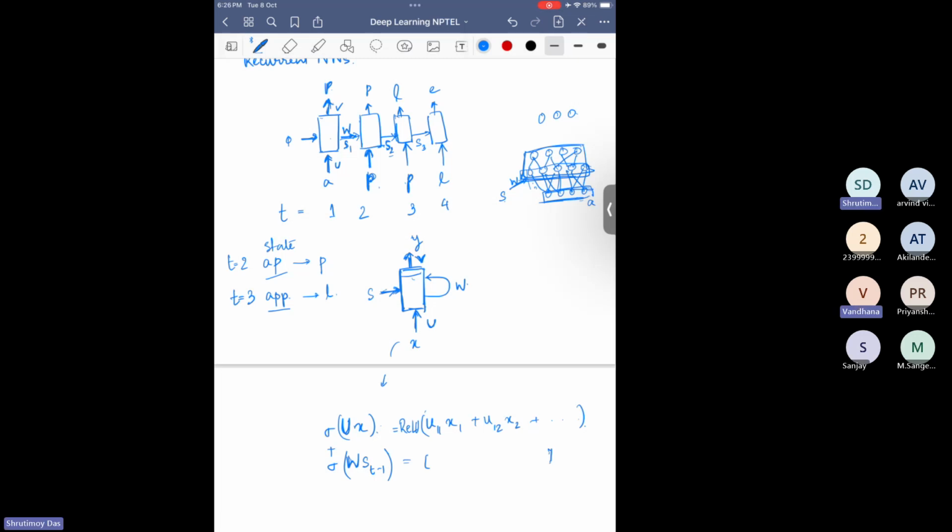ReLU is one favorite, and you can use ReLU in a vanilla RNN if it works. So that is, again, a hyperparameter. You have to check and see which one works.